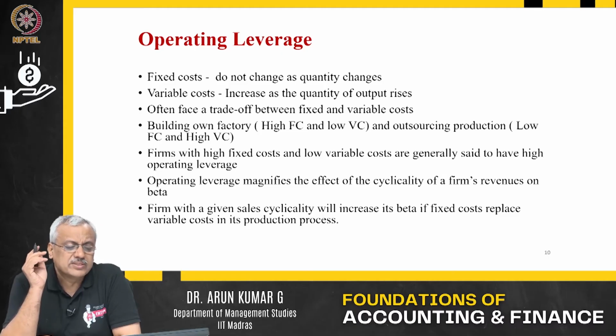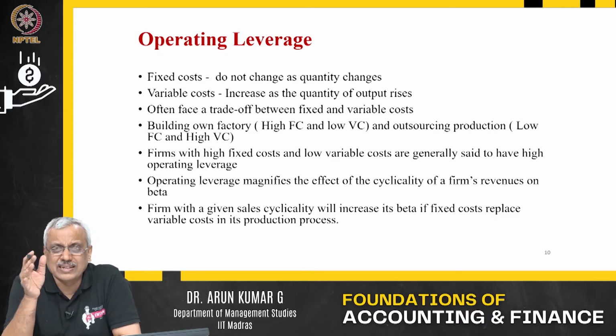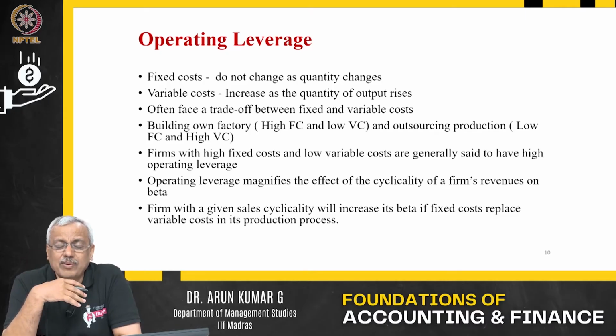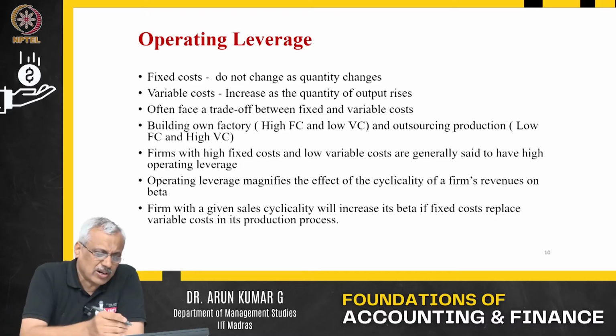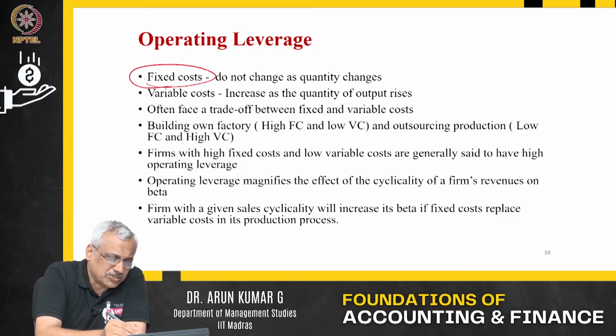Now what is operating leverage? We know that fixed costs don't change, variable cost increases with the level of output. Often you face a trade-off between fixed and variable cost. As volume increases, the idea of any business is to commit to lower and lower fixed cost.